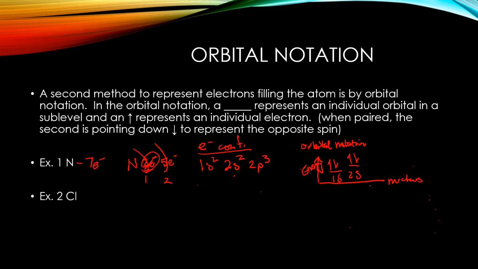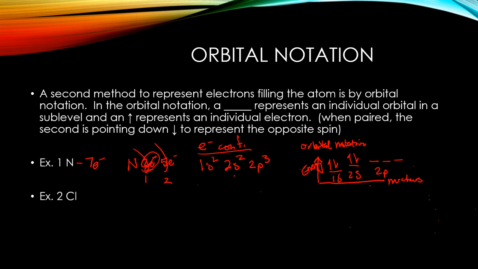When I get to the p sublevel, anytime you get p's, d's, f's, you have to show all of the different orbitals regardless of whether they have electrons found in them. So when I go to the 2p3, again a little bit higher in energy than the 2s, I have the 2p. I'm drawing 3 lines because it has 3 orbitals.